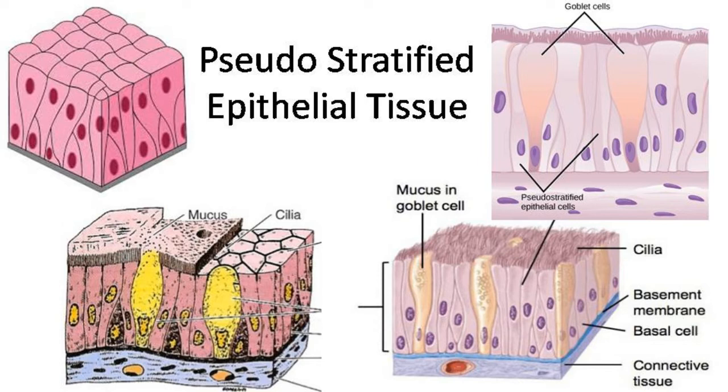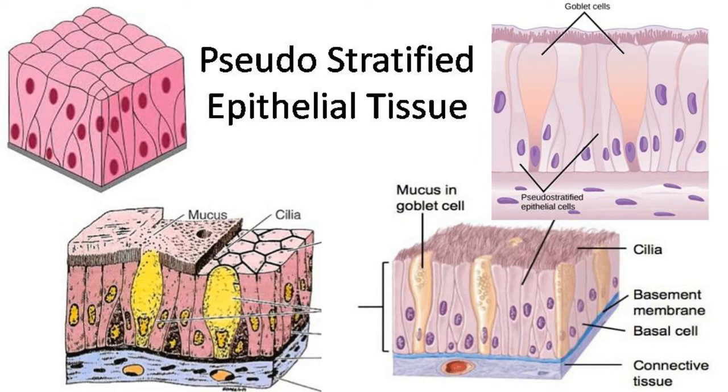So what is pseudo-stratified? Means the cells are arranged on the basement membrane, but different types of cells. Some cells are columnar cells, some cells are squamous epithelial cells, different shapes of cells arranged on a single layer. When we look at this layer, it looks like stratified or multi-layer, but it is not a multi-layer, it is a single layer.